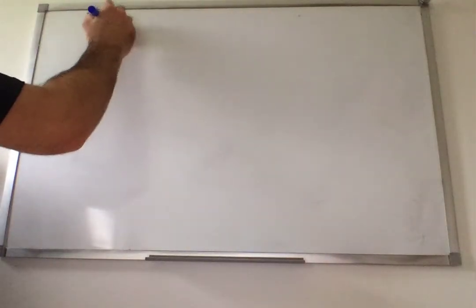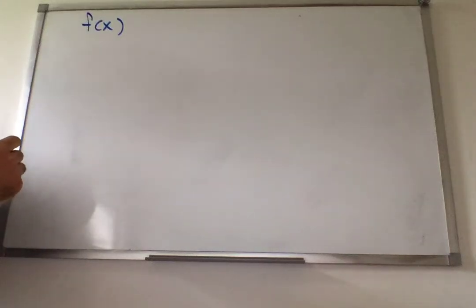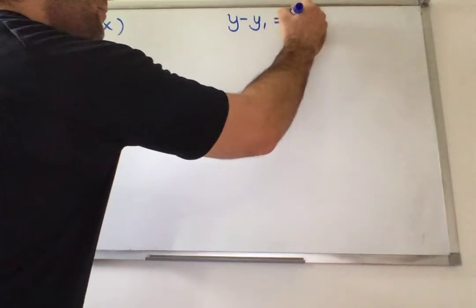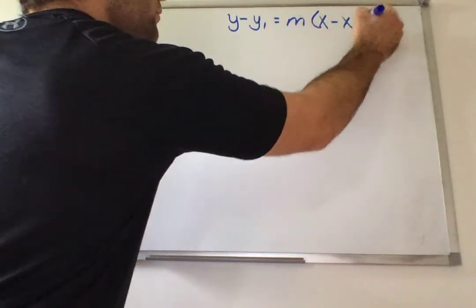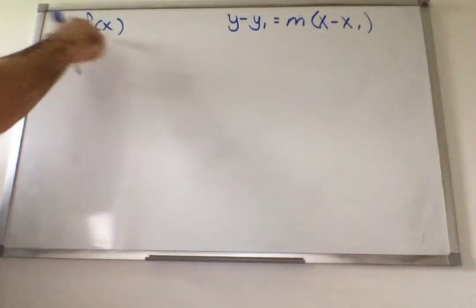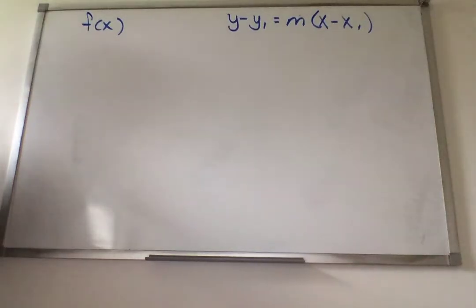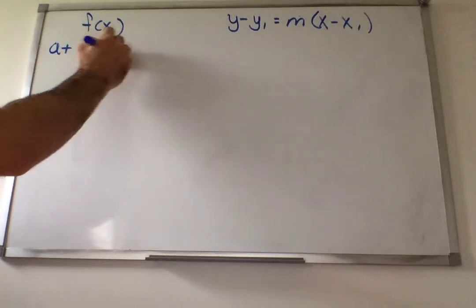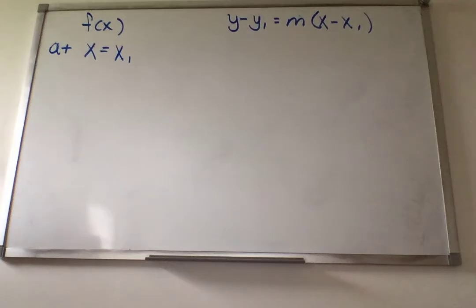Now, Newton's method requires the equation of the tangent line. So if we have some function f of x, remember this is point slope form, we could write the equation of the tangent line in point slope form. Let's say we want to write the equation of the tangent line for our function at x equal to x1.